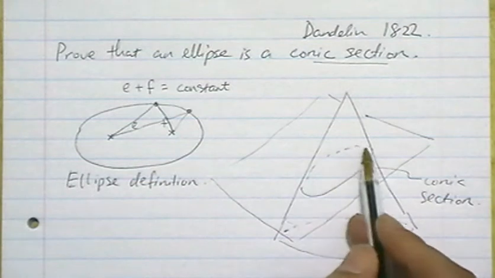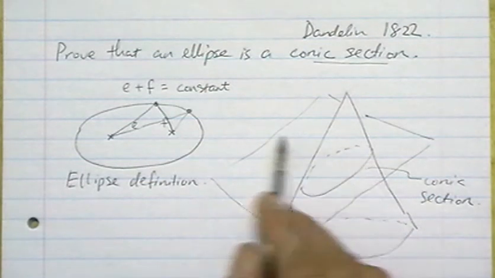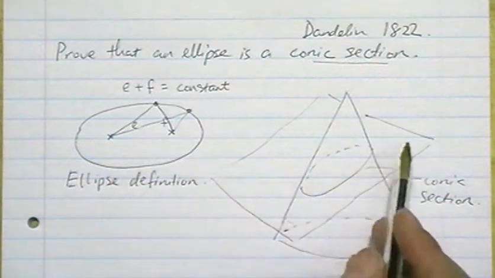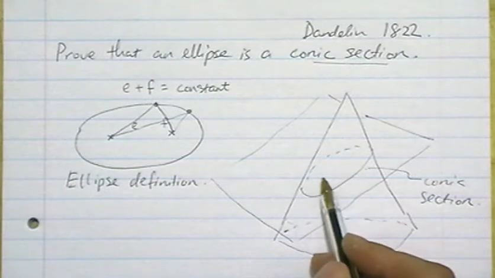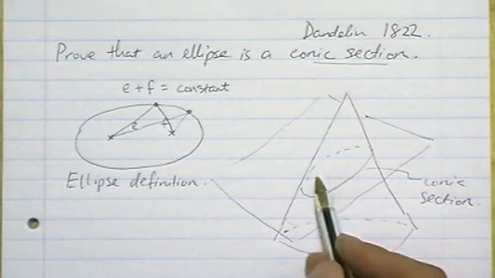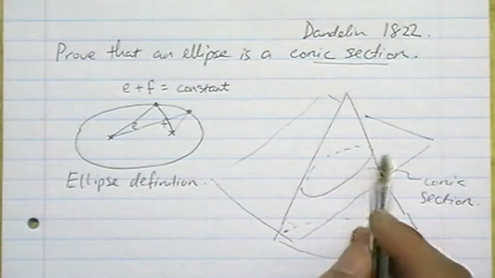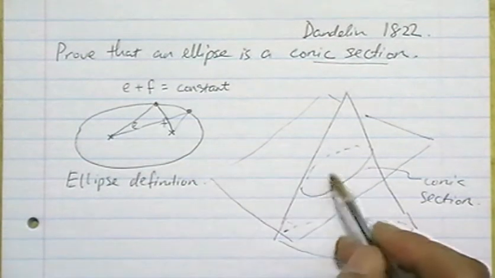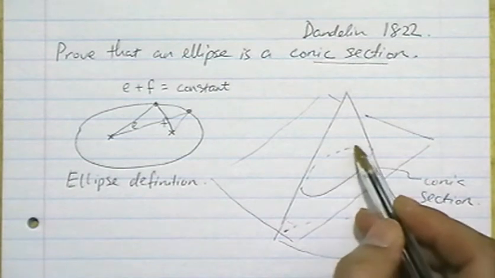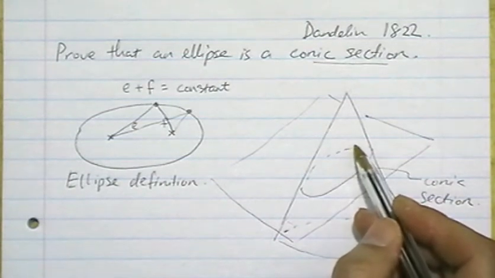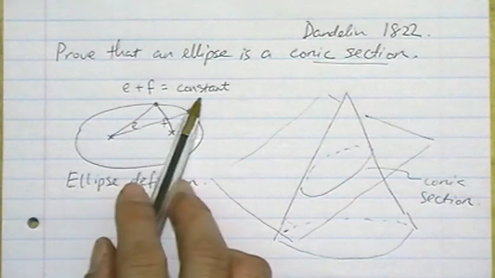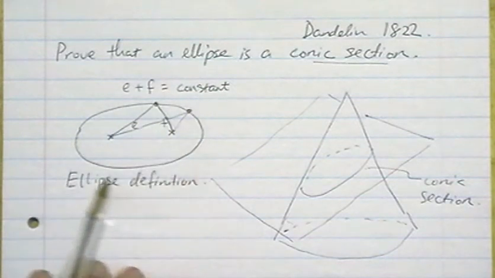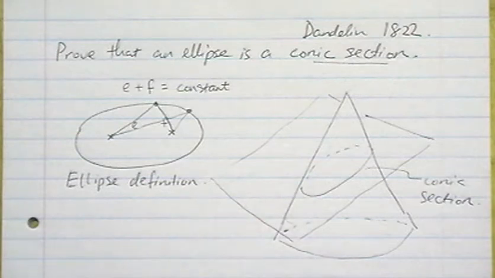And when we say this loop is an ellipse, what we really mean is that it must be possible to find 2 points in this loop such that the distances from those 2 points to any point on the loop must always add to the same value, just like I described for this ellipse. So that's what we need to do.